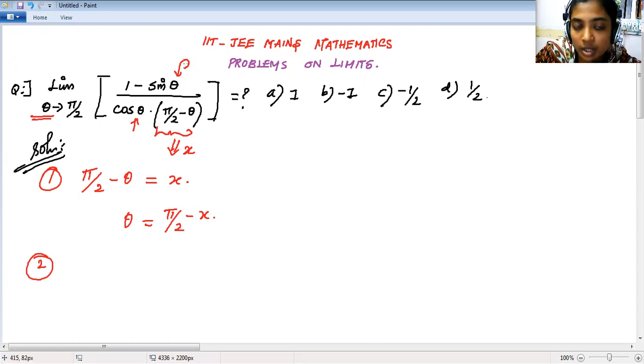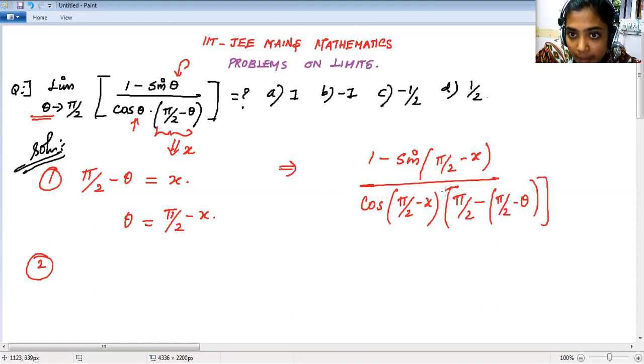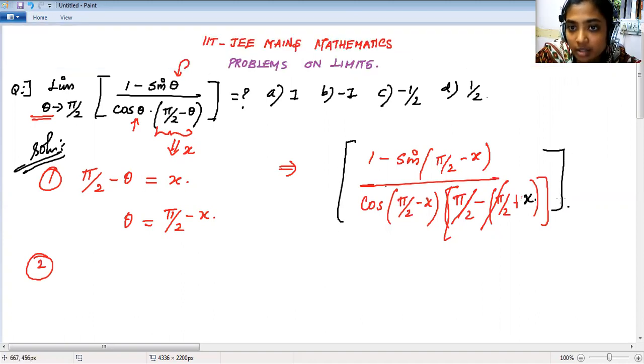Now my question becomes 1 minus sine of, instead of theta, pi by 2 minus x, divided by cos of pi by 2 minus x, into pi by 2 minus theta, which is my x. So everything is in the form of x.